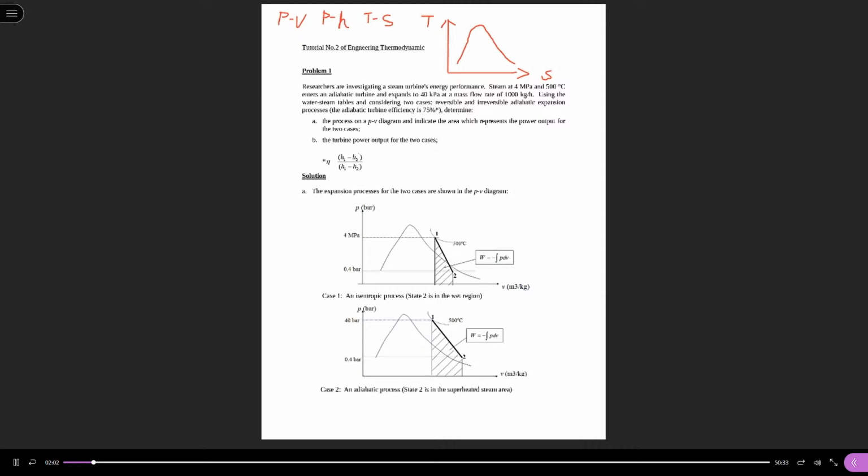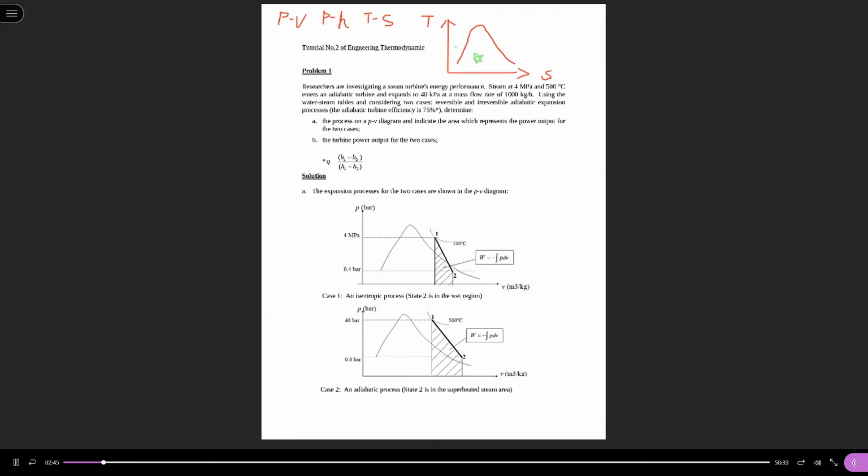So what does it mean? It means that if here is a fluid, a liquid, the liquid properties in this region are unsaturated or compressed. And what about here? It is the wet region. The wet region means the liquid and vapor are saturated, so here is a mixture of saturated liquid and vapor.